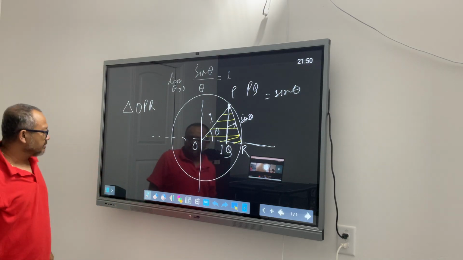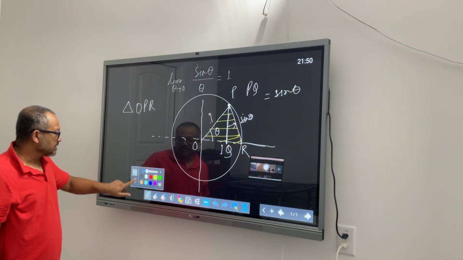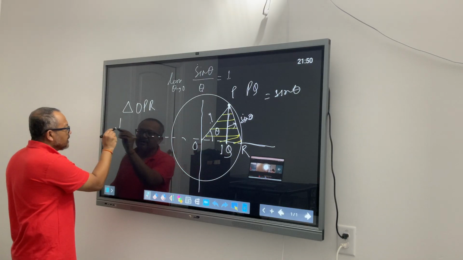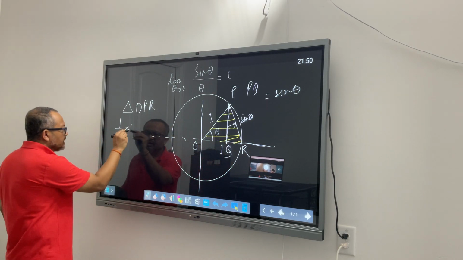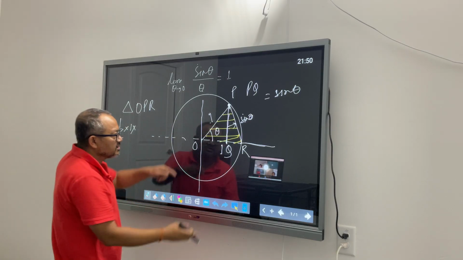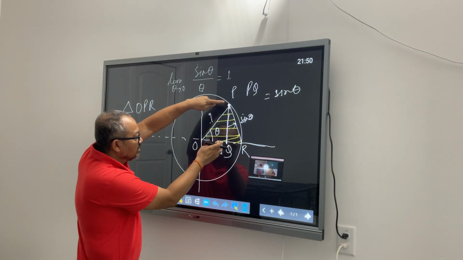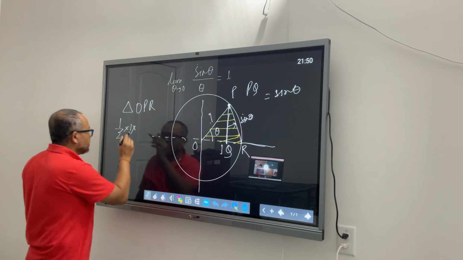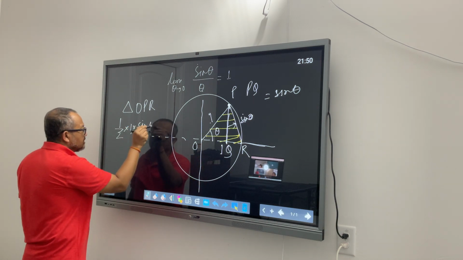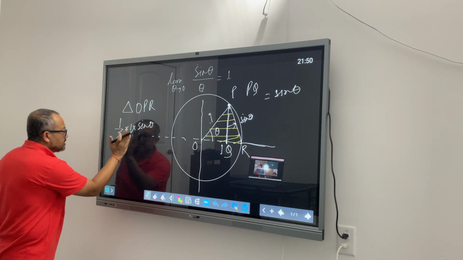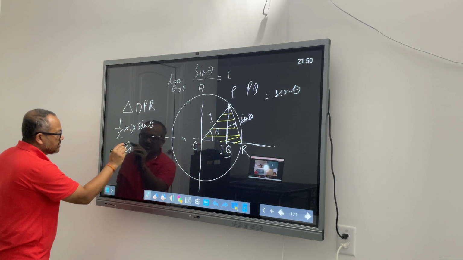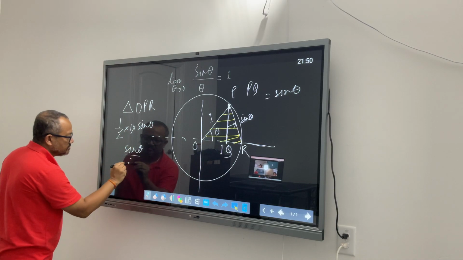Area of this yellow triangle will be what? Half into base into height. So half into base, what is my base? 1, because it's a unit circle, into height. That is this one, which we found as sine of theta. So the area of triangle OPR is sine theta by 2. Okay?